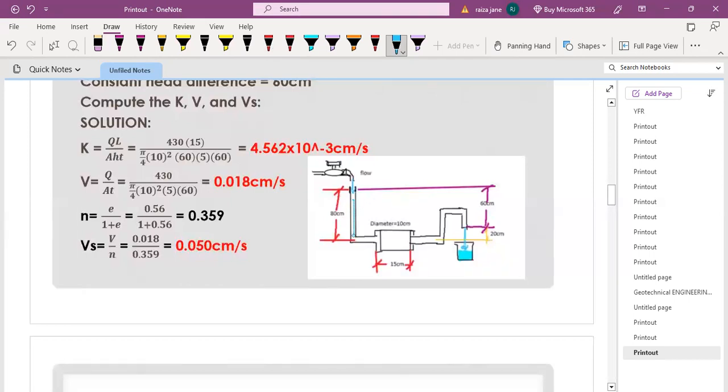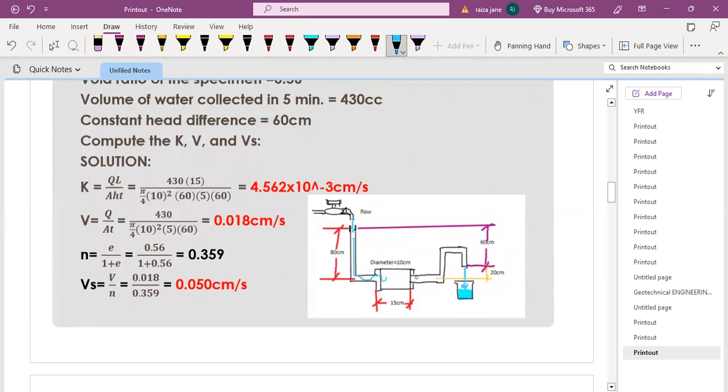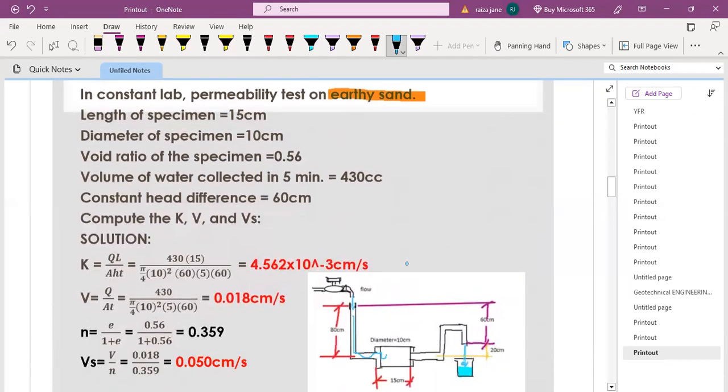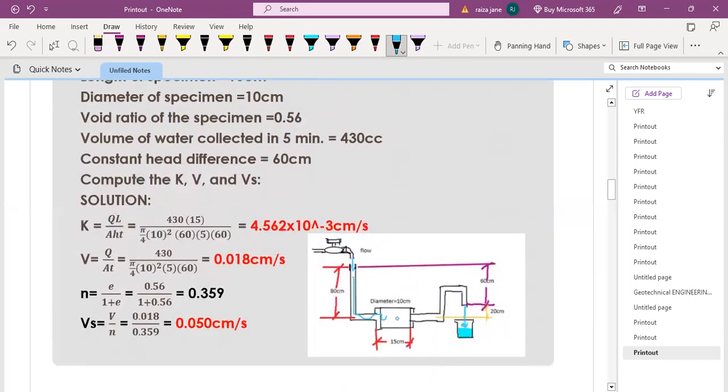Bababa down siya dito. And move it here into specimen. We have diameter of specimen will be 10 centimeter, and we have, excuse me, length of specimen will be 50 centimeter.